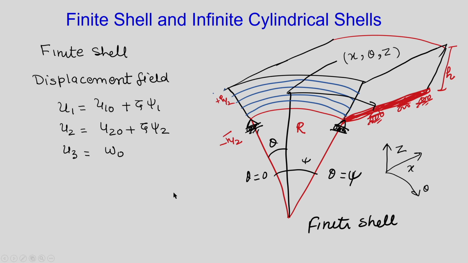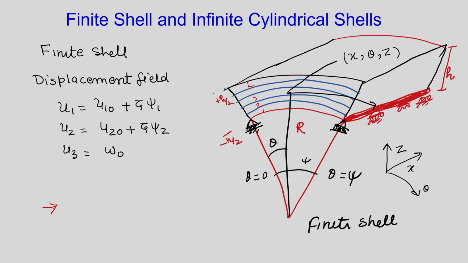Let us consider a finite shell made of composite materials which is orthotropic in nature, and let us say there are layers 1, 2, 3 and up to L, and they are perfectly bonded.